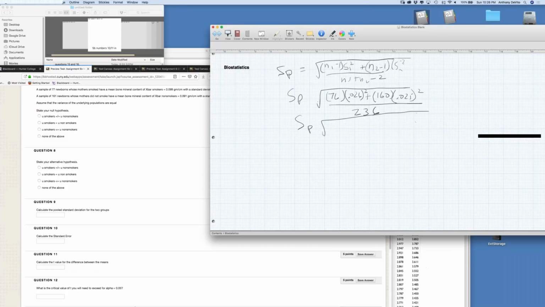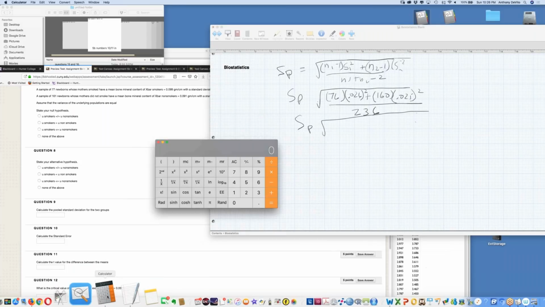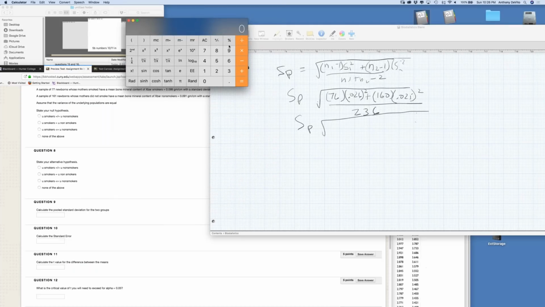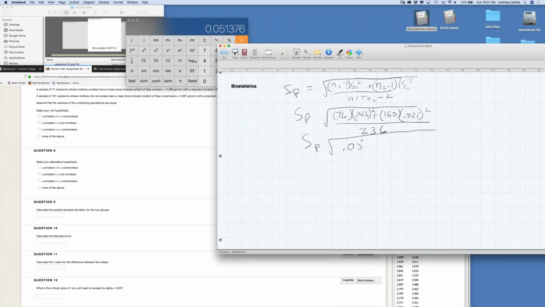So now we would just simply have to work this out. Okay, so if I get my calculator up here, 0.026 times 0.026 is equal to this times 76 equals 0.0514. I'm going to call it 0.0514 for our purposes.